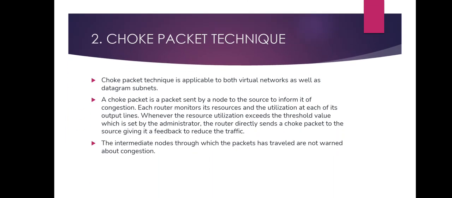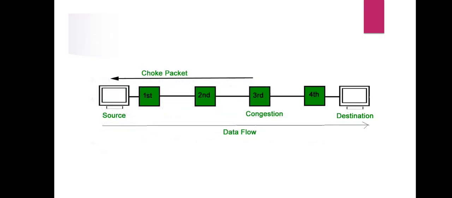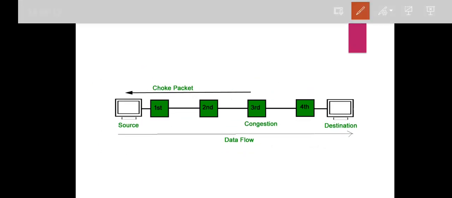And the second technique is the choke packet technique. Choke packet technique is applicable for both virtual network and datagram. So here you can see a destination and here is a source, and in the network there are a number of routers, and the third router is facing congestion.